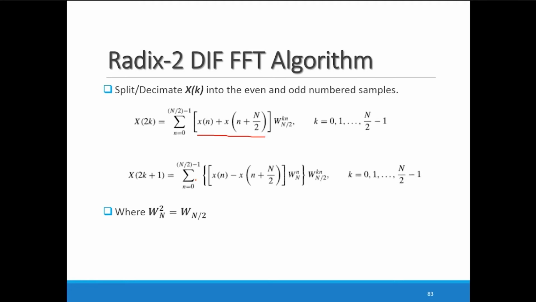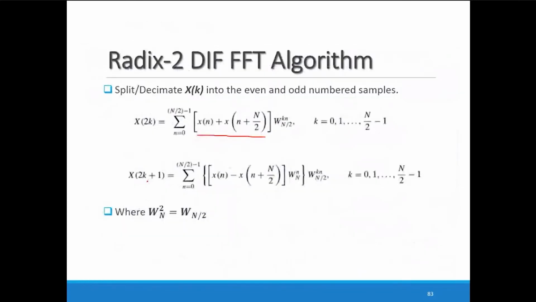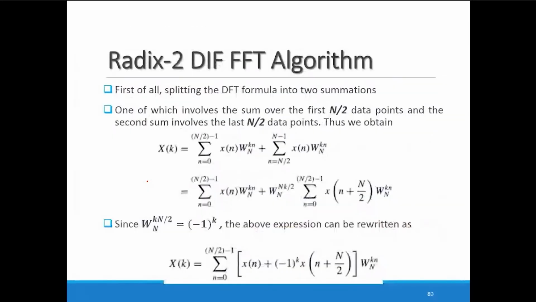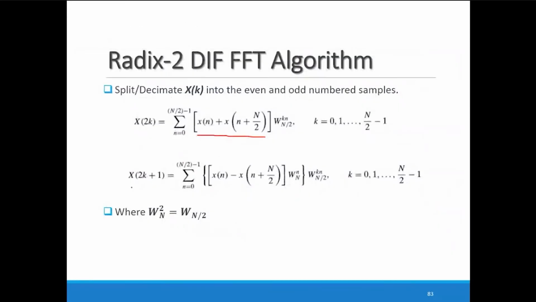Then for the odd part, x of 2k plus 1, we are writing this sigma n is equal to 0 to n by 2 minus 1 x of n, here minus 1 raised to 1. Now you can notice this. Yeah, now we are taking x of k is equal to 2k plus 1.